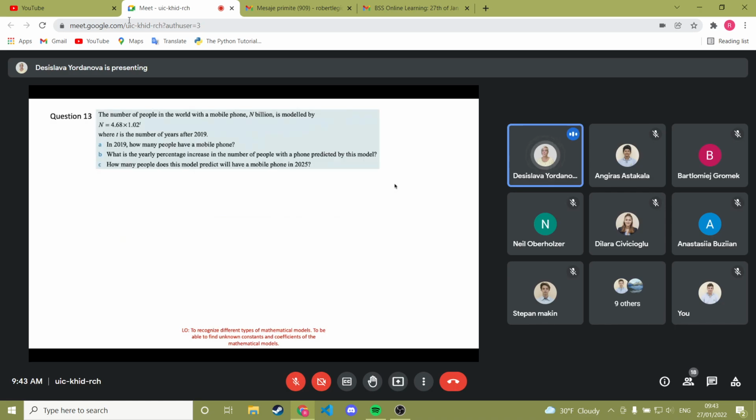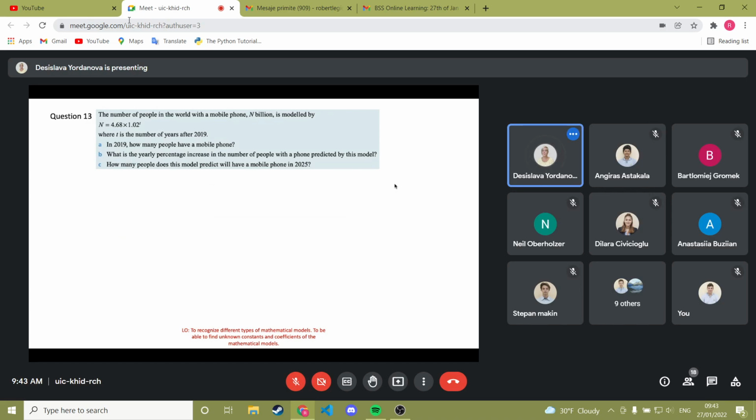Okay, let's try this one. The number of people in the world with a mobile phone, n billion, is modeled by n equals 4.68 times 1.02 to the power of t, where t is the number of years after 2019. In 2019, how many people have a mobile phone?